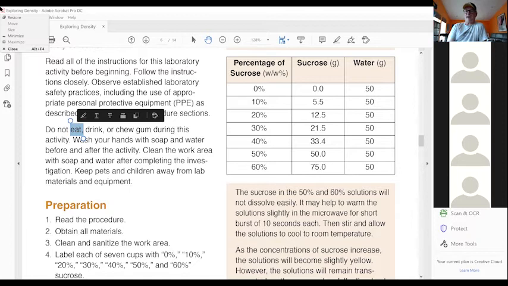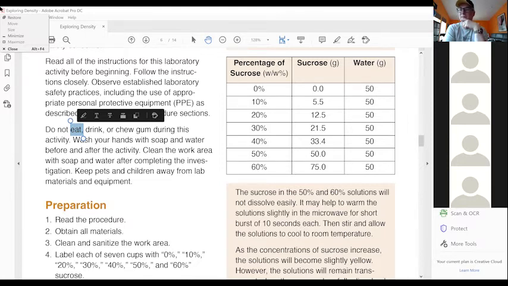Why is it 5.5, do you think? What was the question again, Professor?